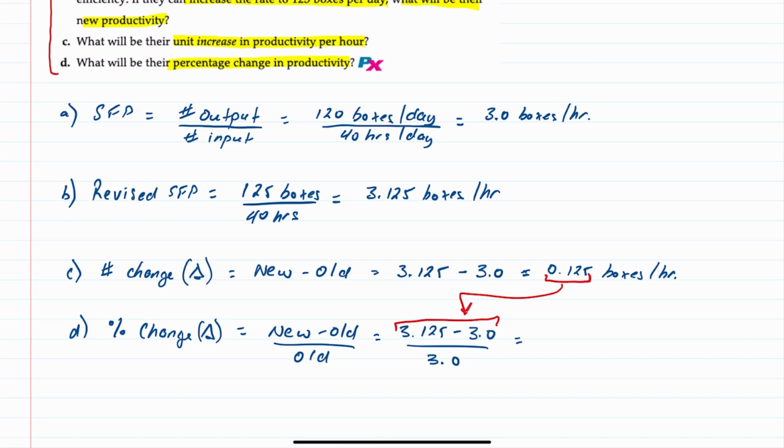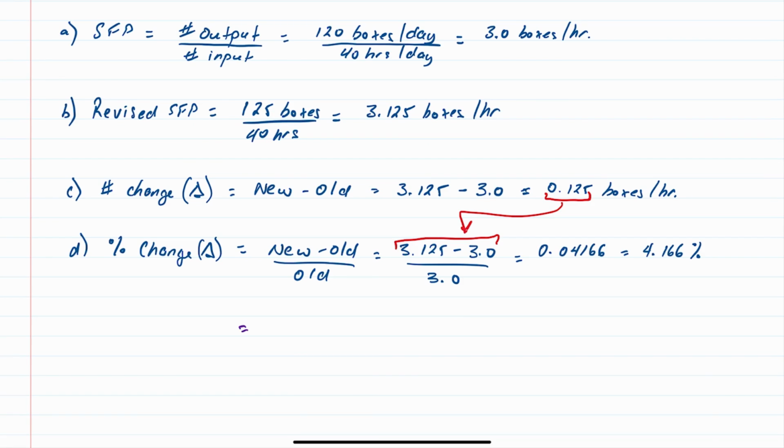Well, this will give us a change in productivity of 0.04166, which equals 4.166%.